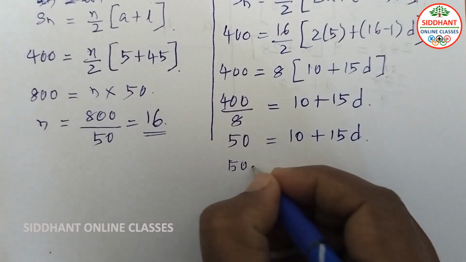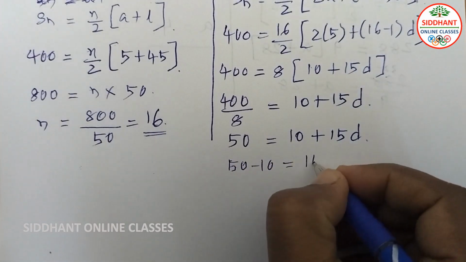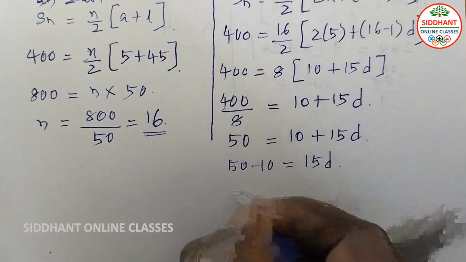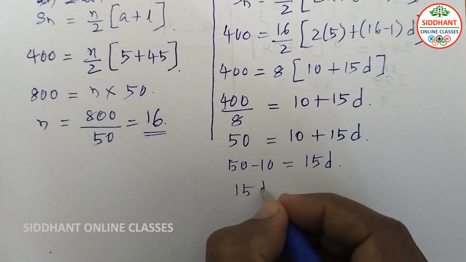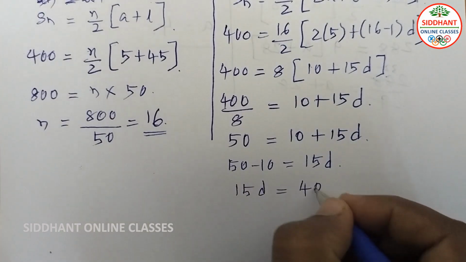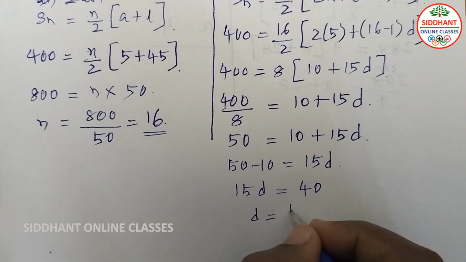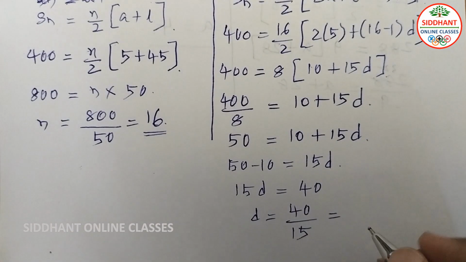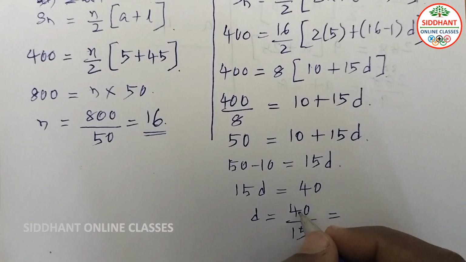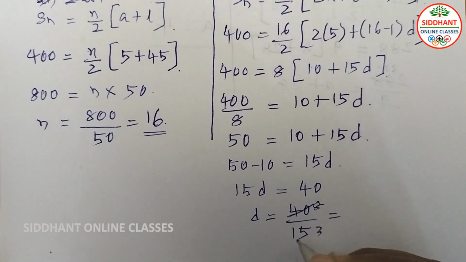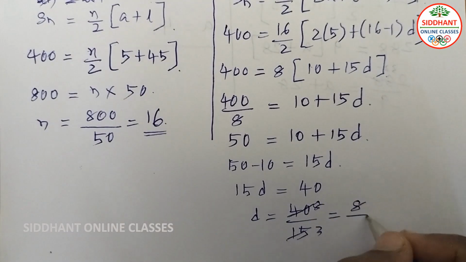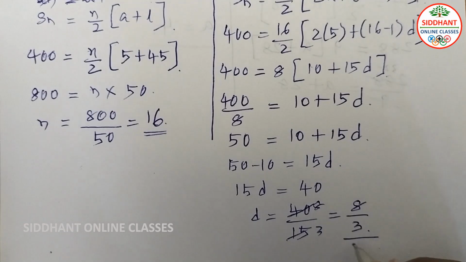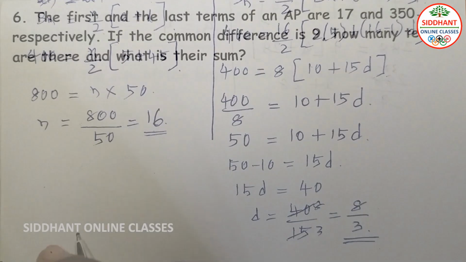Now 50 − 10 = 15d, so 15d = 40 and d = 40/15. Simplifying, it is 8/3. So d is 8/3.